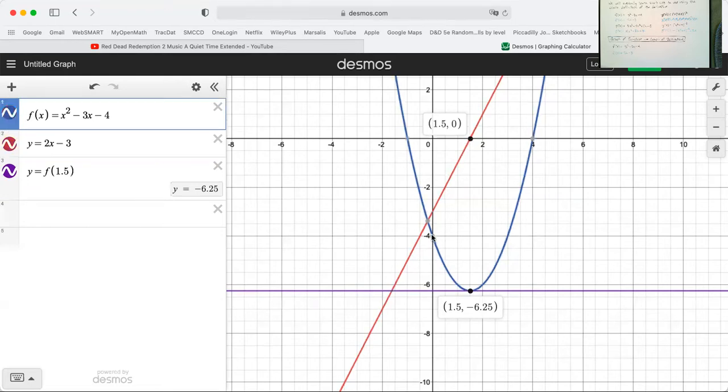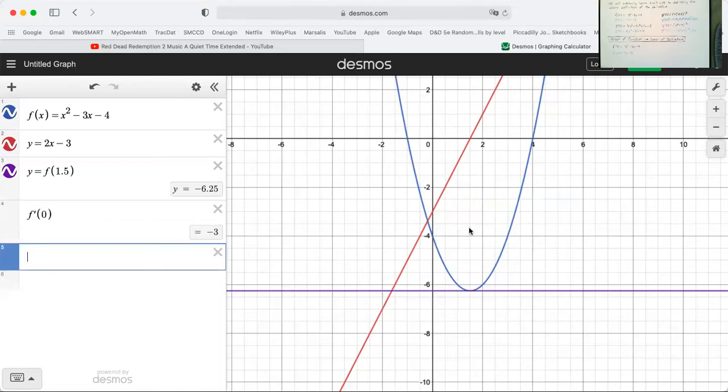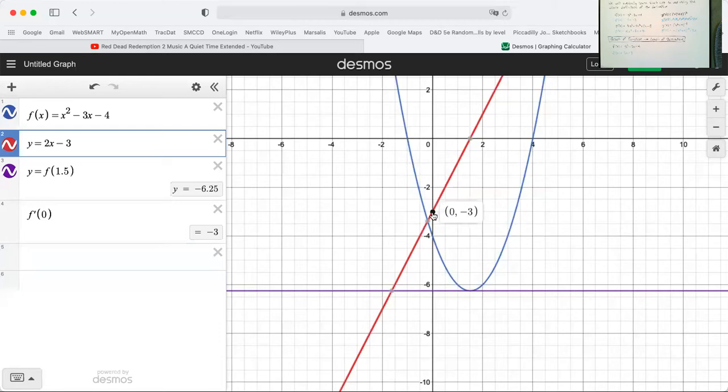So if I look down here at this point, when x is equal to 0, I've got the point 0, negative 4. If I want the slope of the tangent line when x is equal to 0, I can plug that into my derivative. So f prime of 0 is negative 3, and that's the slope of the tangent line when x is equal to 0.